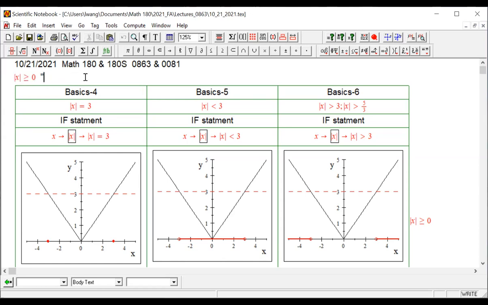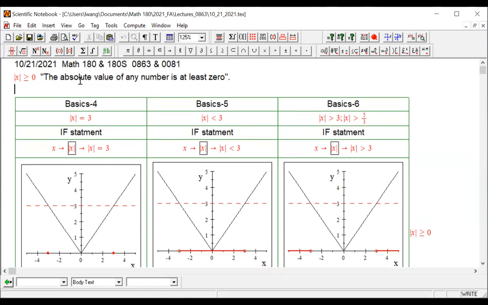The way we read it is that the absolute value of any number is at least 0. Or you can say greater than or equal to 0, but you should never say it's positive.